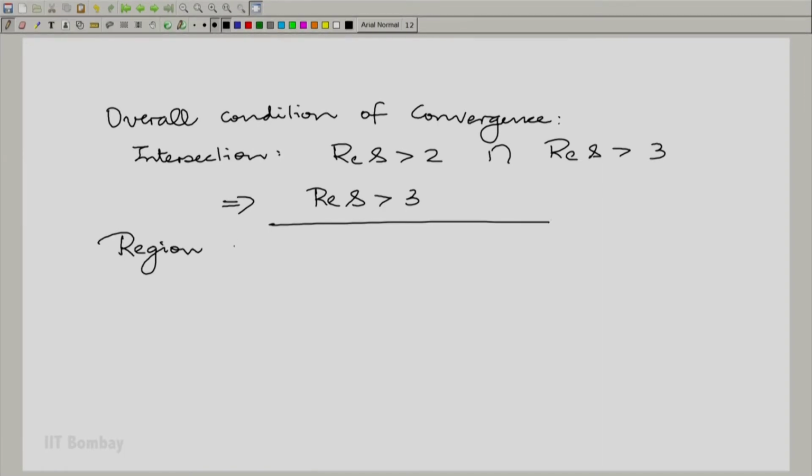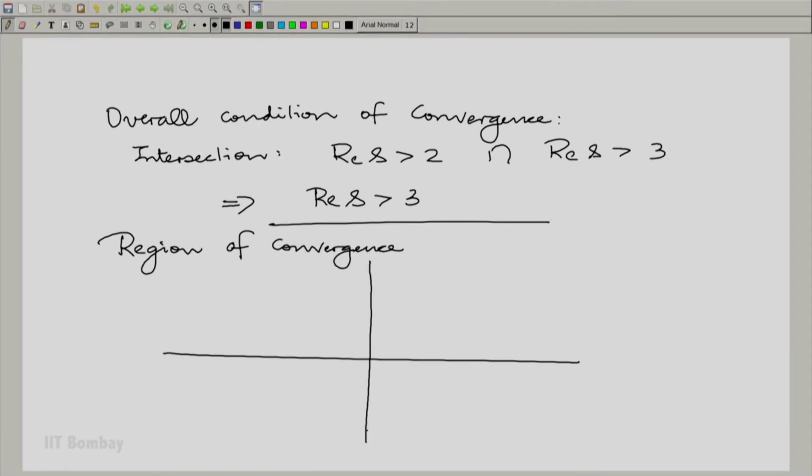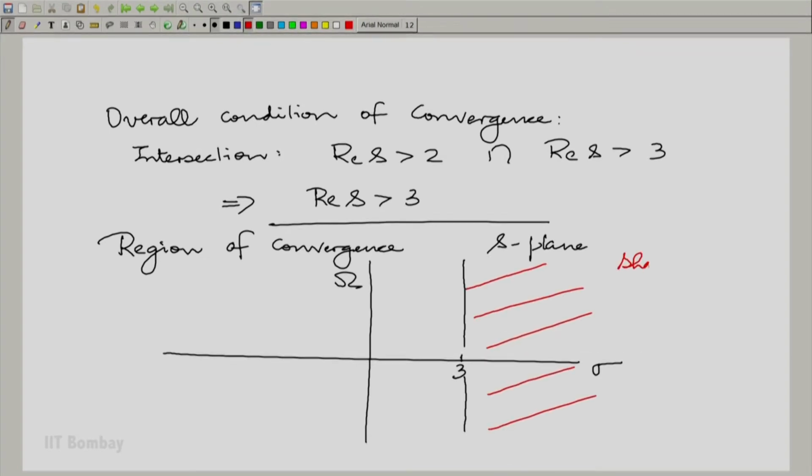So, we can put down the region of convergence in the s plane as follows. You have sigma equal to 3 here. We draw a vertical line passing through sigma equal to 3, of course, with omega equal to 0, and we identify this region. This is the region of convergence.